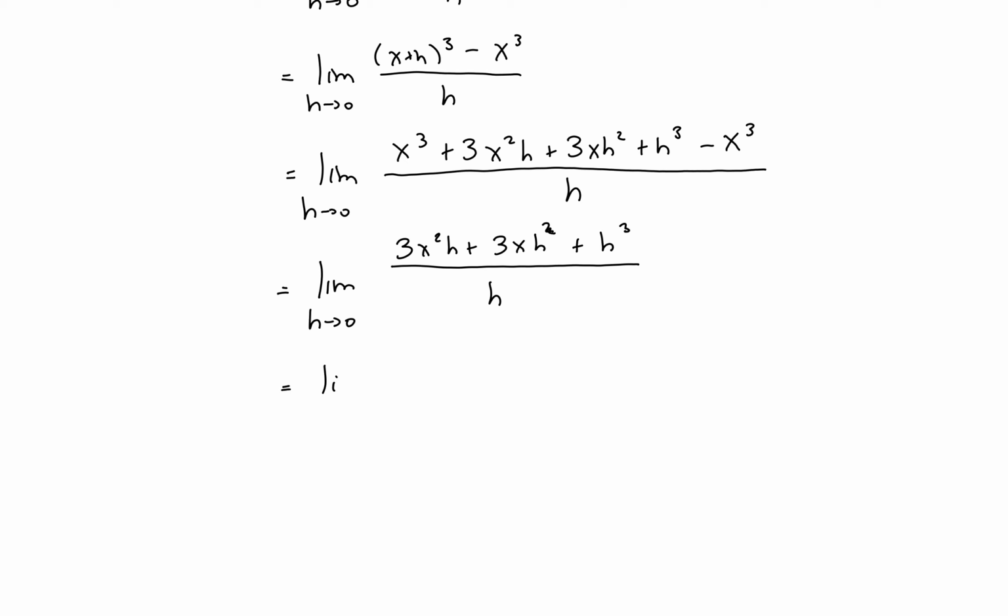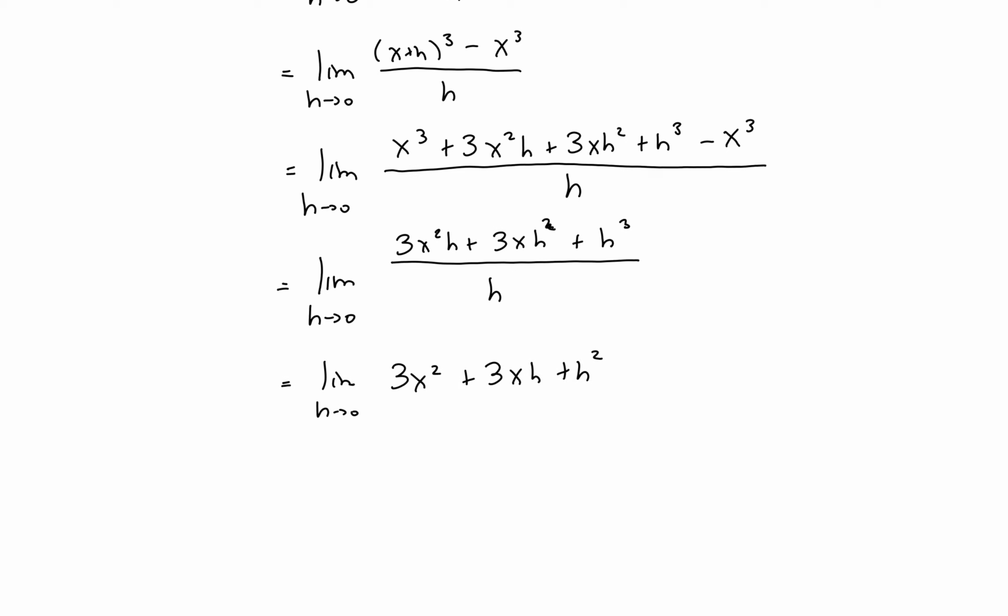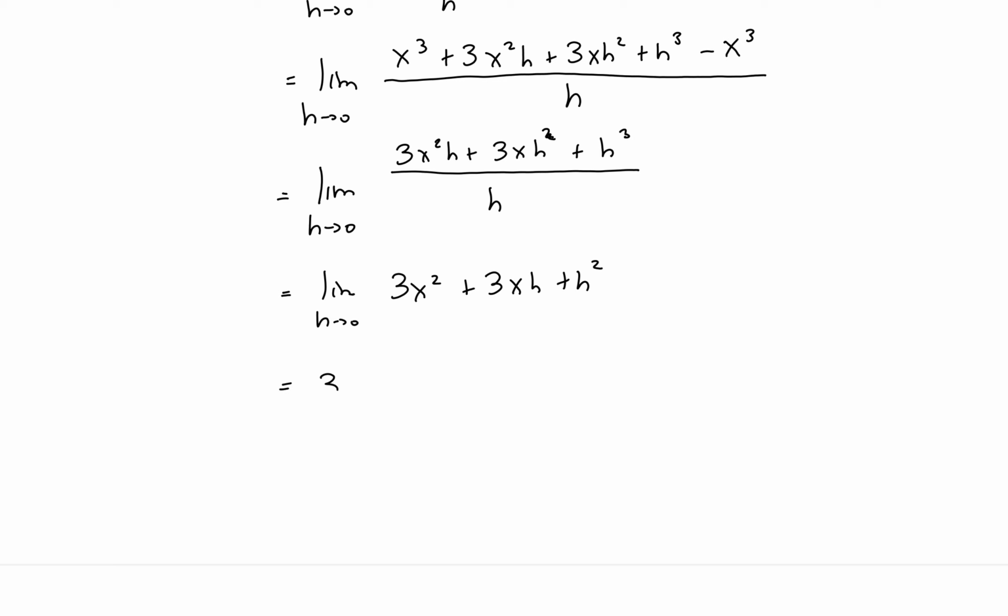We can factor an h out and cancel it, so then I'll just have 3x squared plus 3xh plus h squared. And so this limit is just 3x squared, which is what we expected from the power rule. If I take the derivative of x cubed, I bring the 3 out front and then subtract 1 from the exponent. So this shows us where the power rule comes from for one particular case.